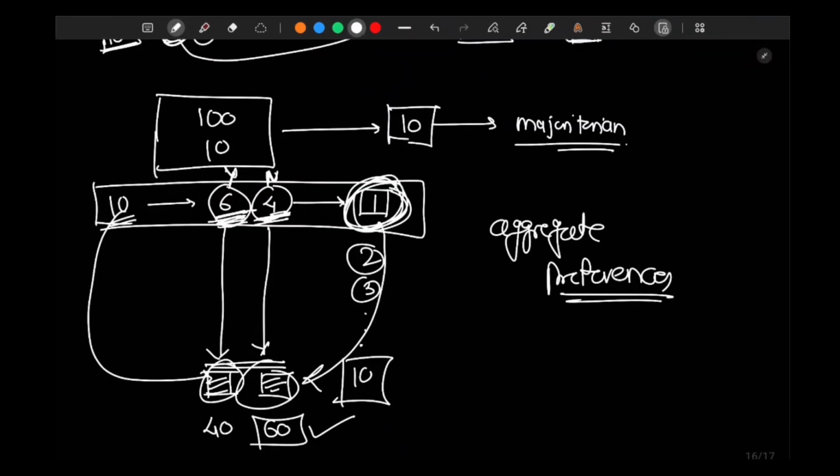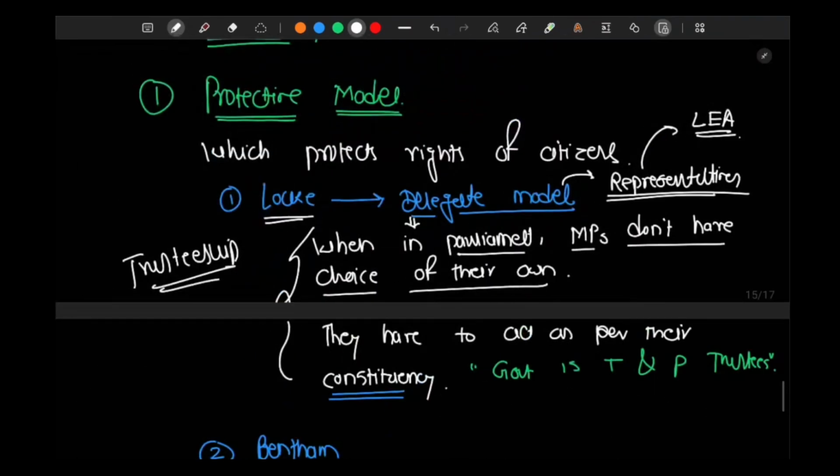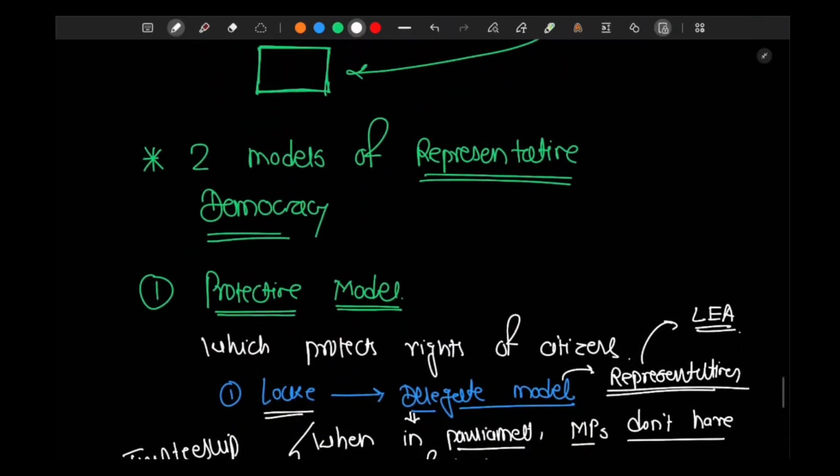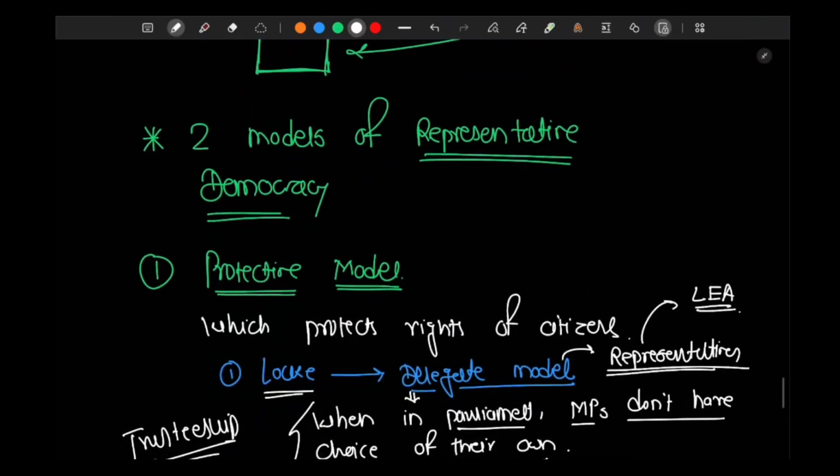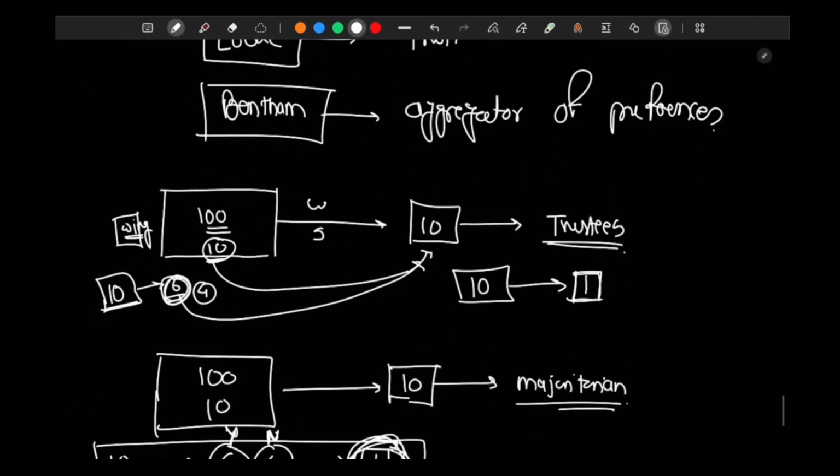In one, the procedure is trusteeship or trust. In the second, the procedure is majority, or the greatest happiness of the greatest number. So this was the first model of representative democracy, which is the protective model. The second model we have to see of representative democracy is the developmental model.